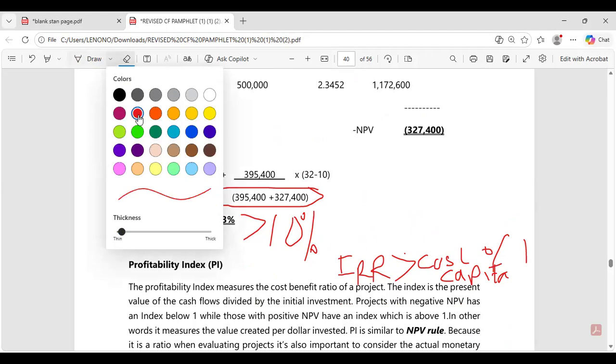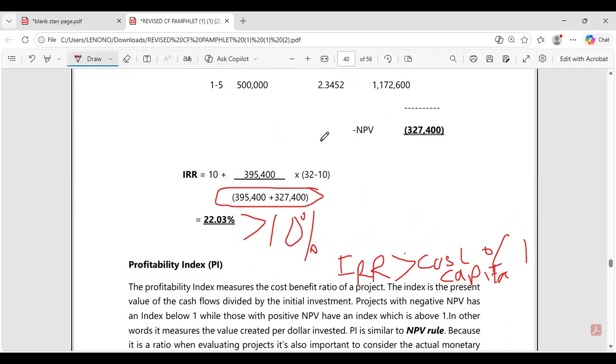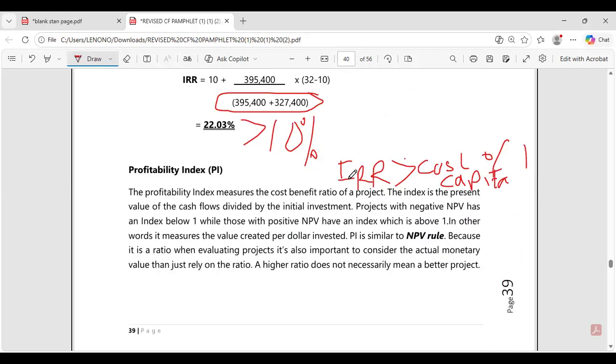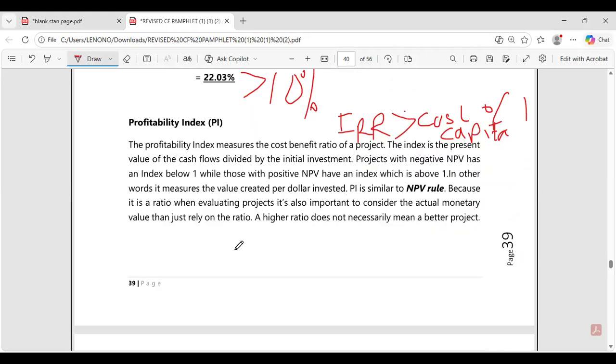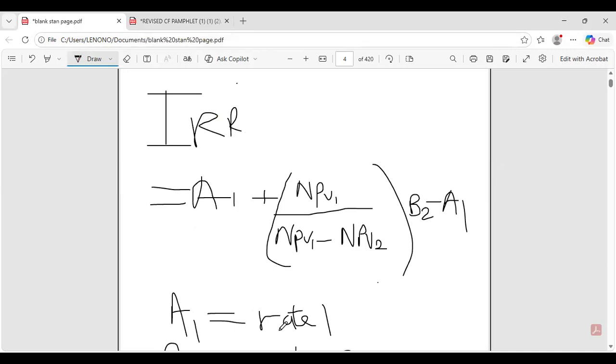We now go into the profitability index, another technique. This is simply the sum of present values of all cash flows divided by the initial investment. It's almost similar to NPV.